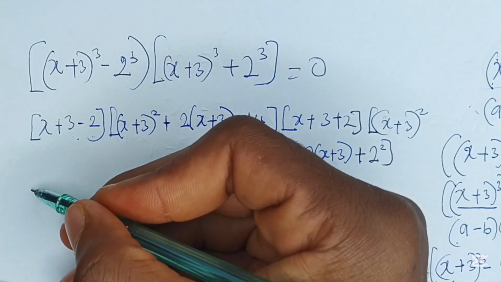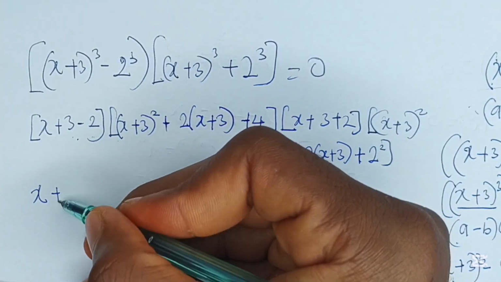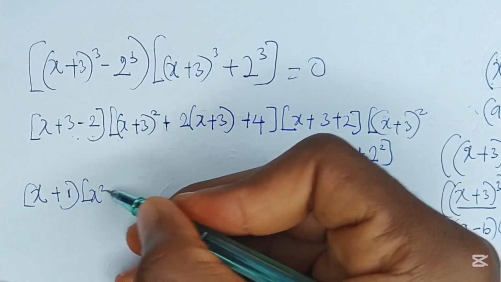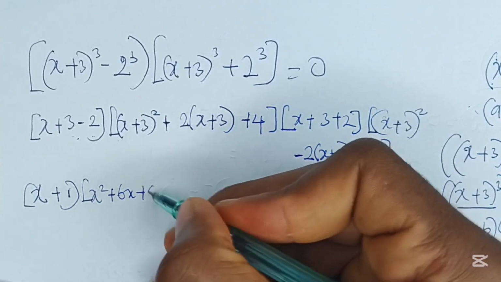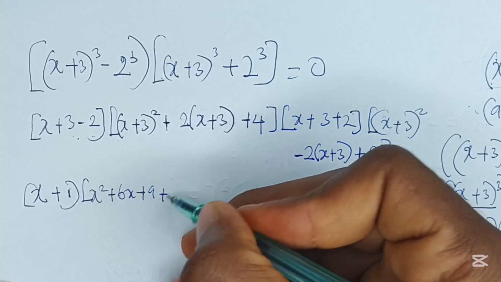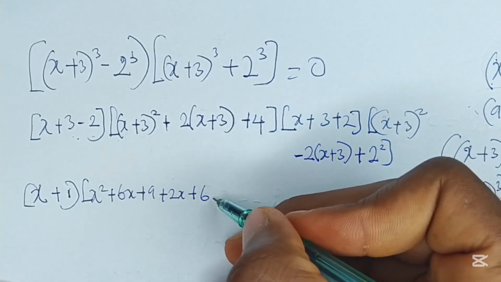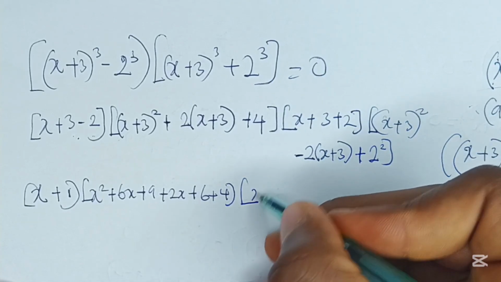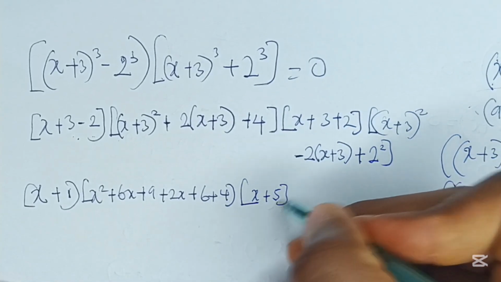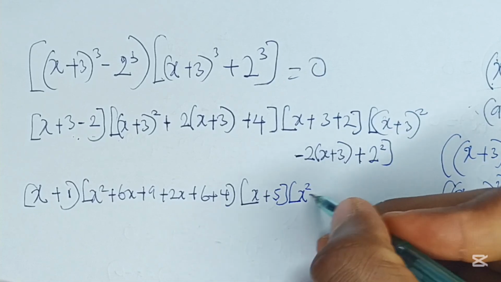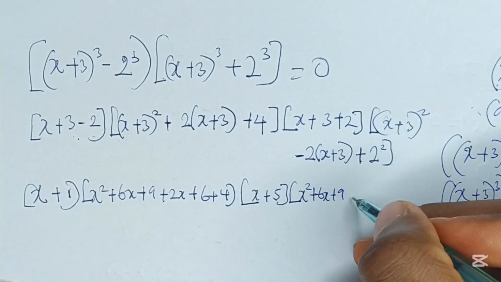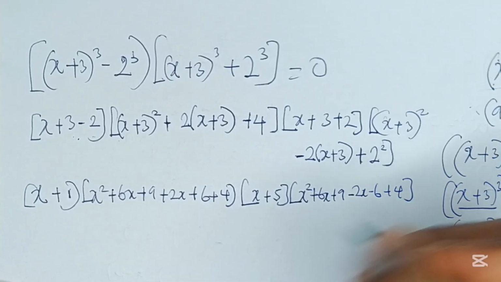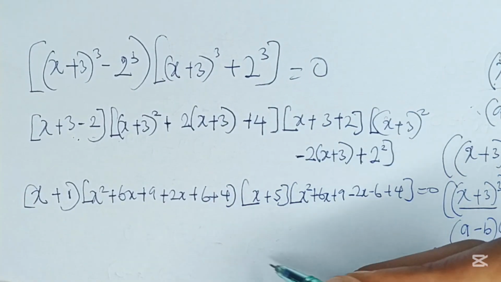Alright, this now becomes equal to (x + 1) multiplied by (x^2 + 6x + 9 + 2x + 6 + 4), into (x + 5) multiplied by (x^2 + 6x + 9 - 2x - 6 + 4), equal to 0.